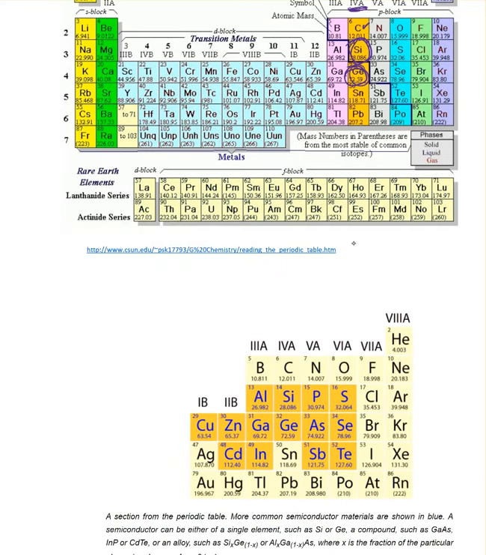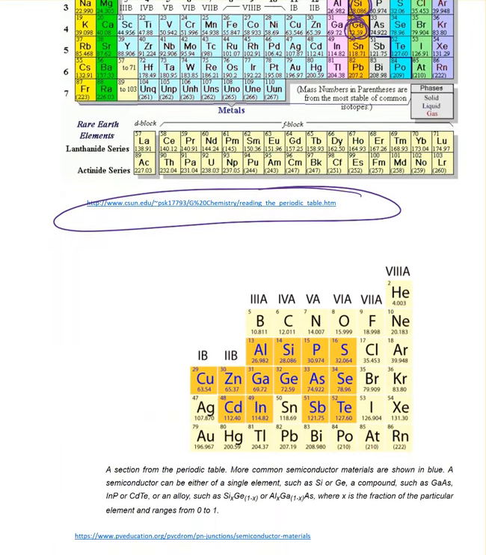I found this periodic table from this web page, and these are all the highlighted materials. Not everything is a semiconducting material. This is a pure semiconducting material, but when you combine 2 materials together, they will form alloys. So a combination of these alloys will make a good semiconducting material.